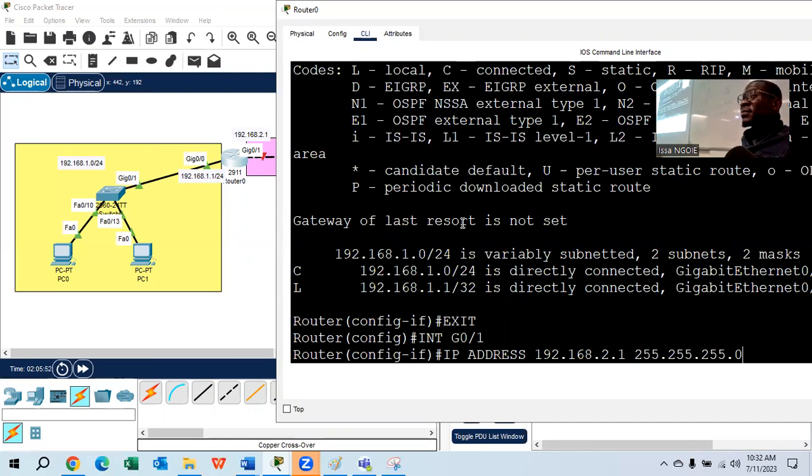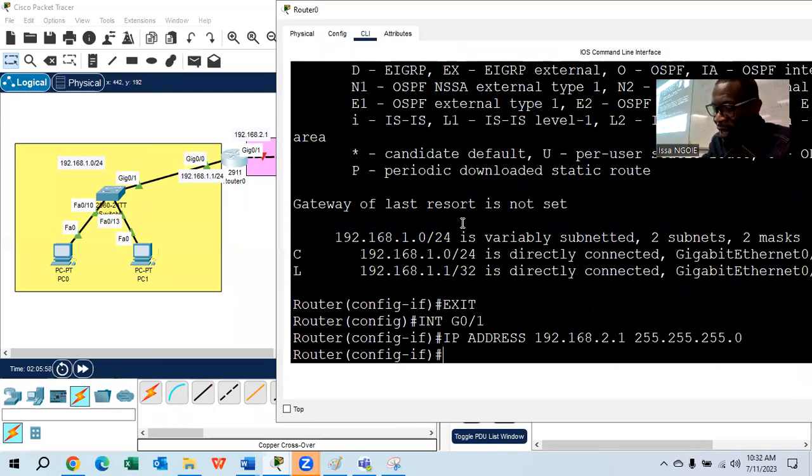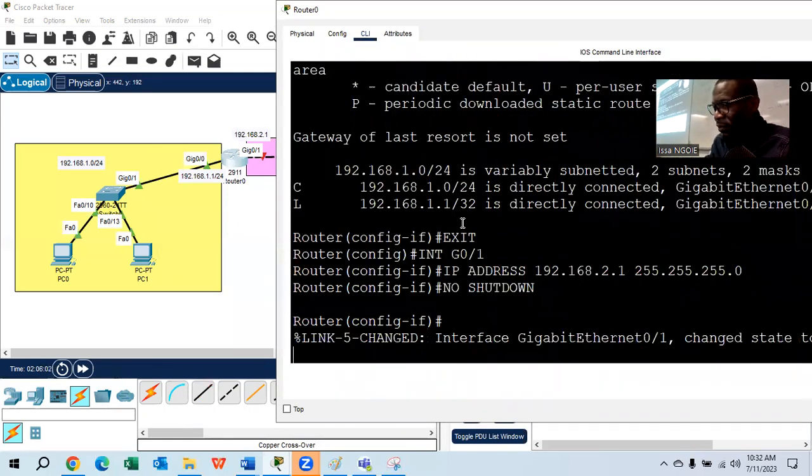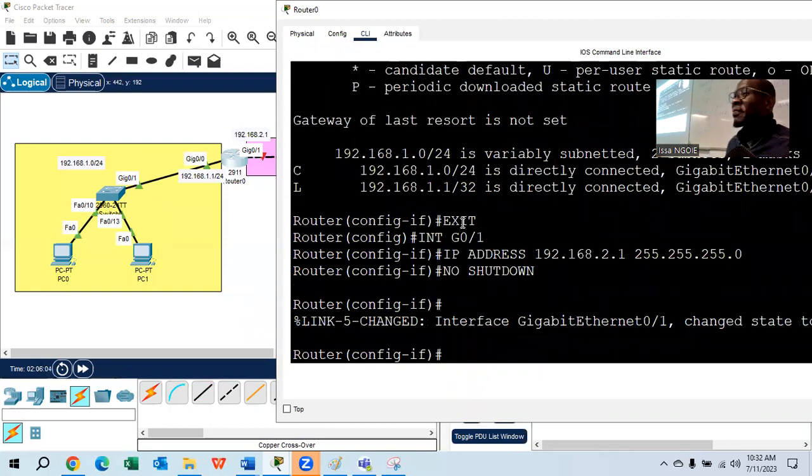Are you done? But you know already, eh? This is easy for you. Enter no shutdown. And when you are done, let's check again the database, the routing table.